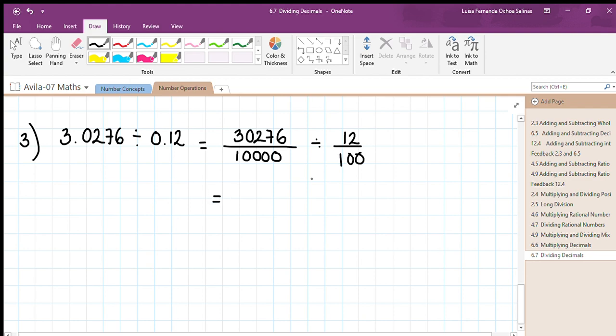Okay. Then how do I do this? I have to do stay, change, flip. Change, flip. Good. Now, immediately I can see I can cancel this 0 and this 0. And it becomes very clear that what I have to do is this number, that is 30,276 divided by 12. So I'm going to do it over here.